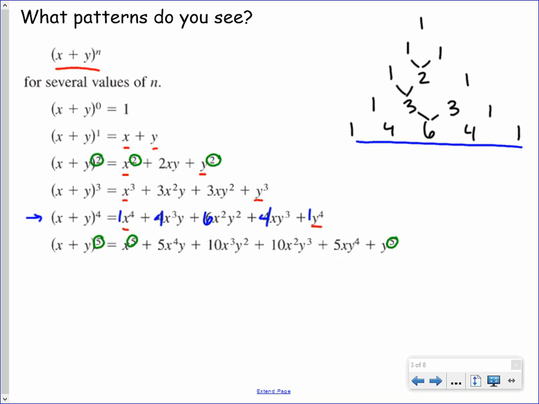Okay, so the next thing I'm going to have you do is you need a calculator today. Please get out your calculators. And I'm going to give each table group a different combination to evaluate in the calculator. And some of you might get one of my easy combinations, so you don't need a calculator if you're familiar with combinations.